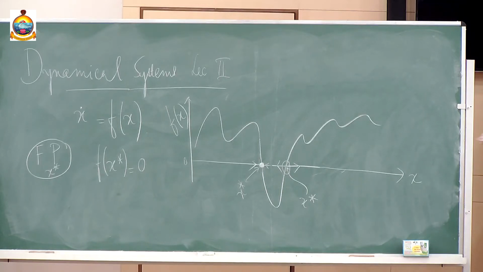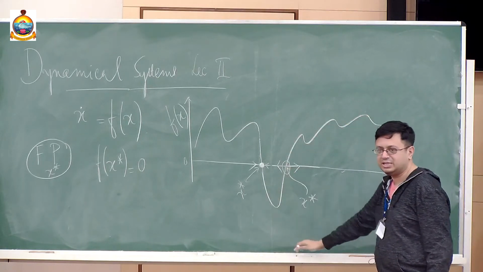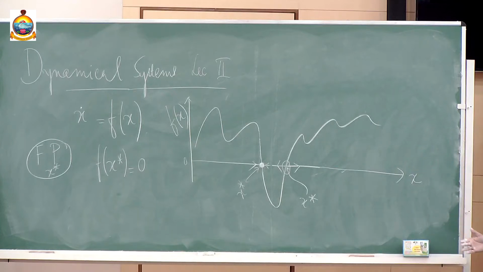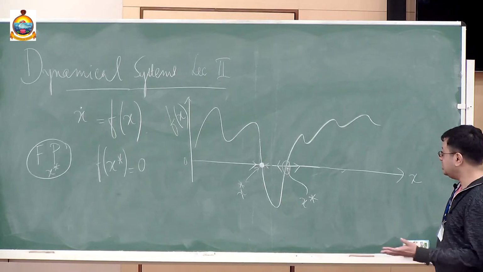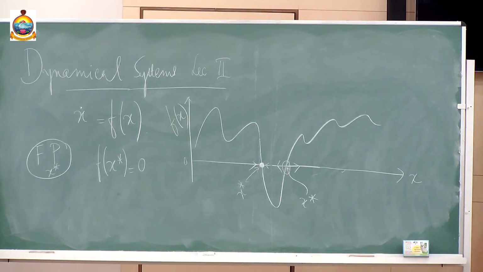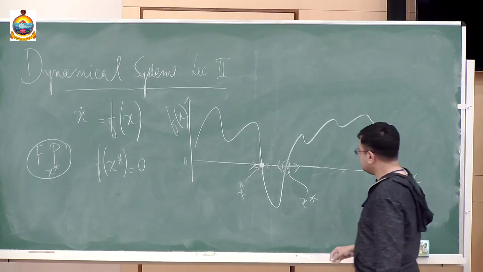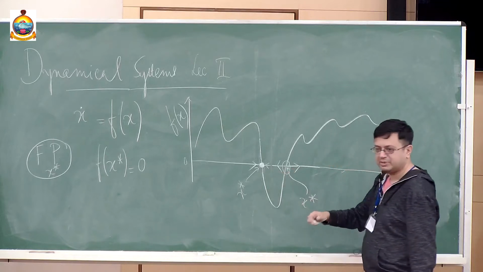So you see that just by drawing the function, you can get so much information about the system. You wanted to know where the system is going to get to after a long time, and just this plot is telling you enough information. Okay? So now we will see how to develop a mathematical theory.